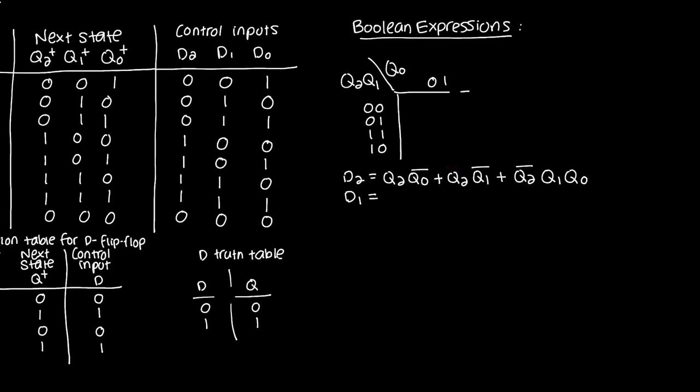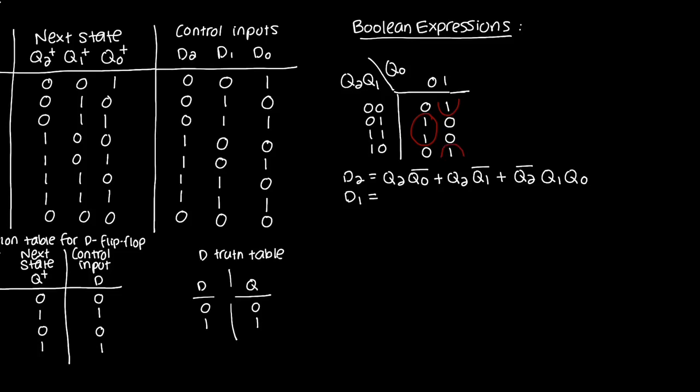So what I'm looking at for D1 is this column over here. And I'm going to fill in my K-map. So I have 0, 1, 1, 0, 0, 1, 1, 0. And I'm going to group some terms.